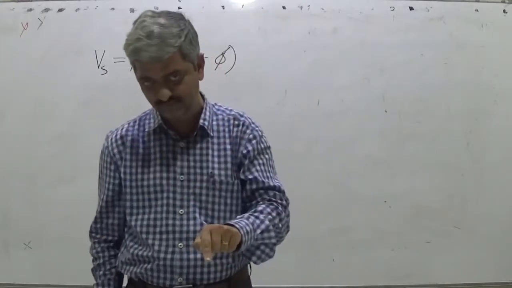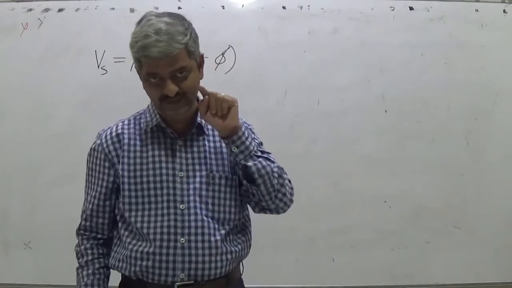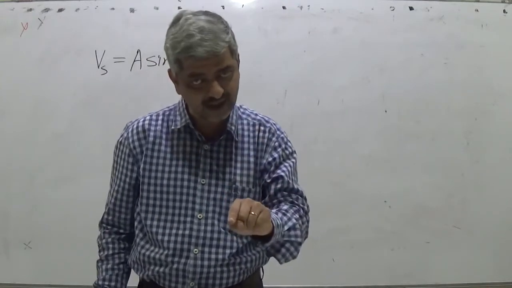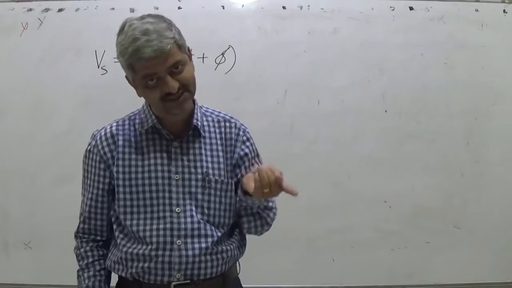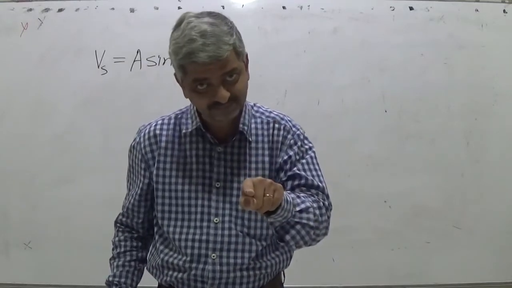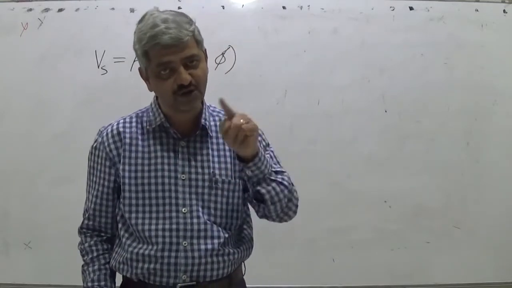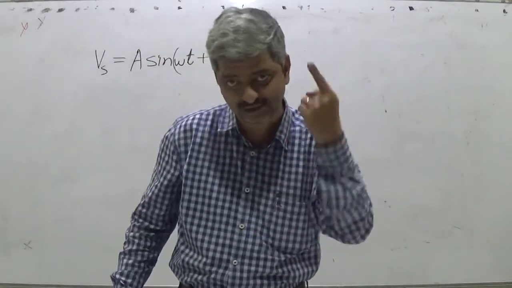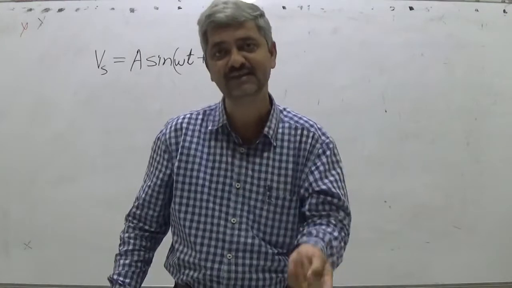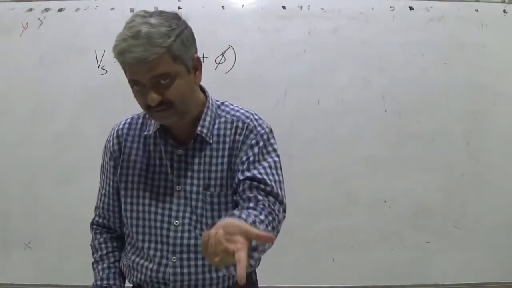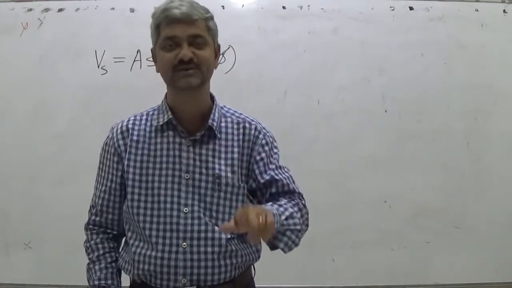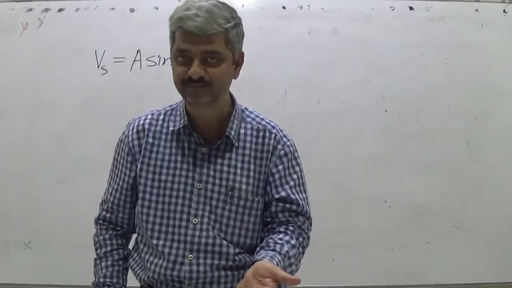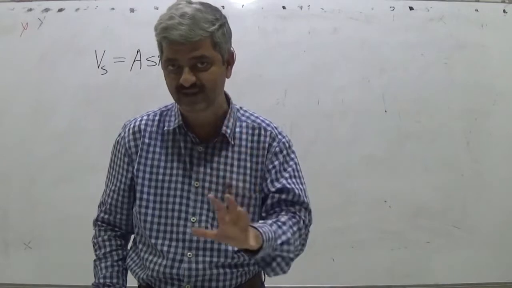But for a sinusoidal waveform, since differentiation gives a sinusoid, integration gives a sinusoid, multiplication gives a sinusoid, and addition of any two sinusoids is also a sinusoid, everything is a sinusoidal signal of the same frequency, maybe of different amplitude and different phase. I hope this is the fundamental crux of AC analysis.